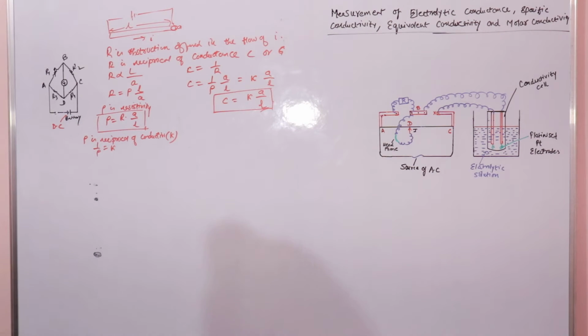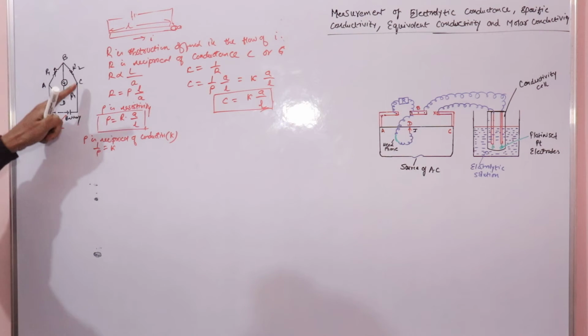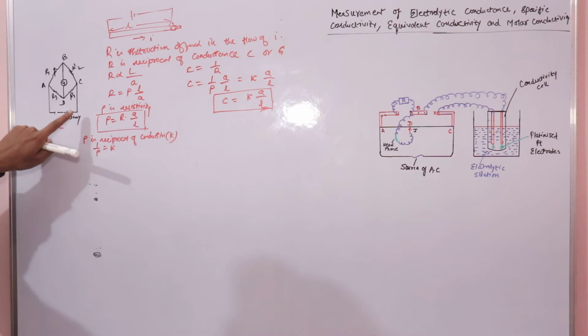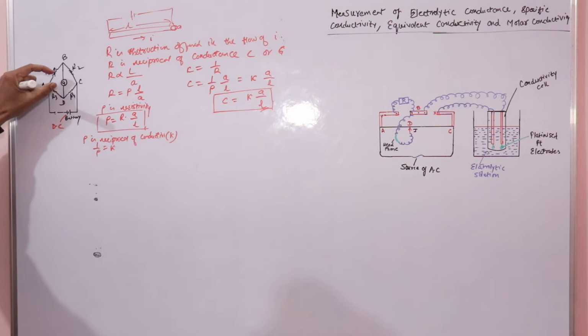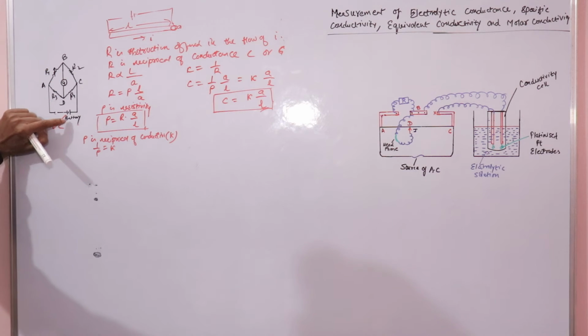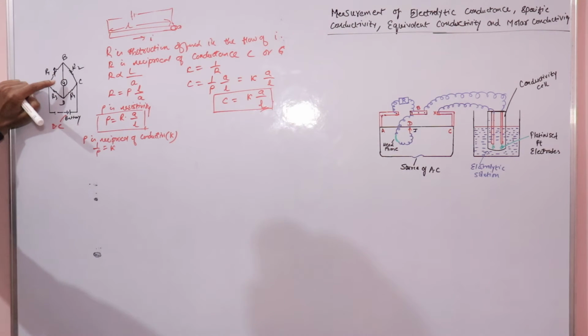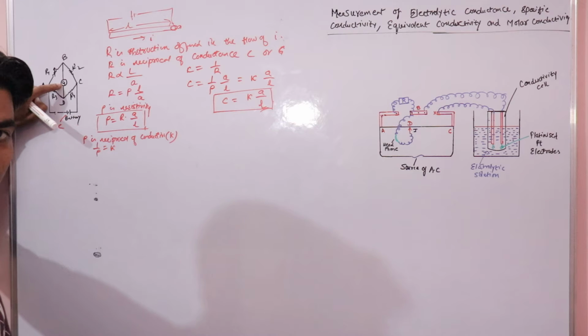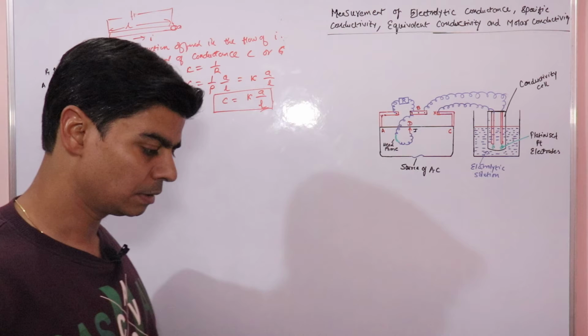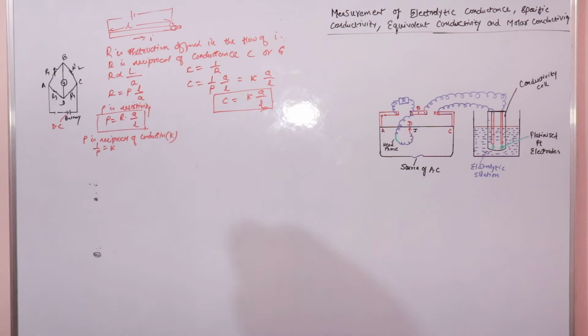That means no current is flowing through the galvanometer when the Wheatstone bridge is balanced.